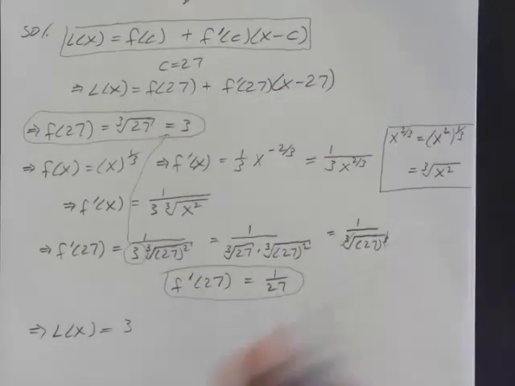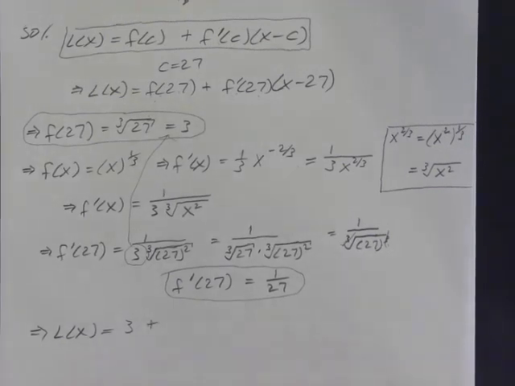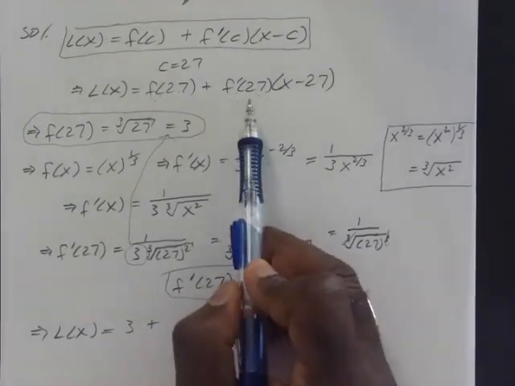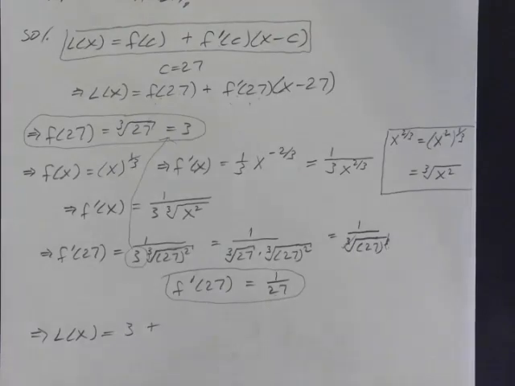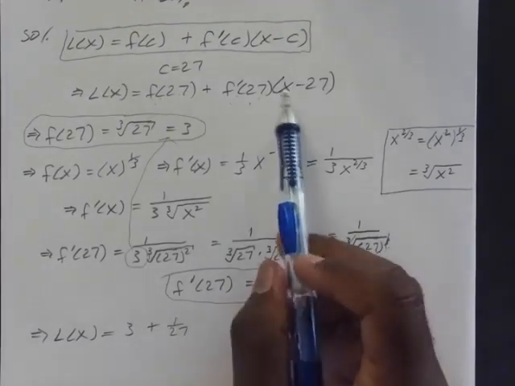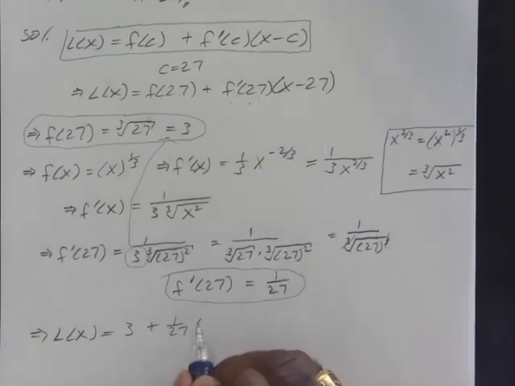That should be plus. I've just been writing negatives for no reason today. Plus f prime of 27, which we figured out is 1 over 27, times x minus 27.